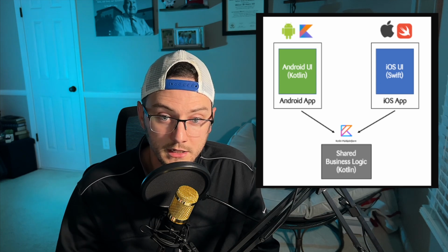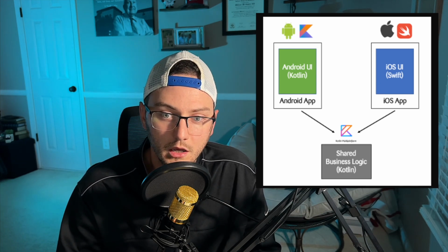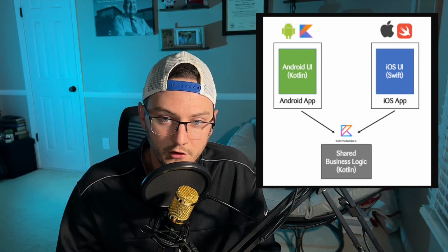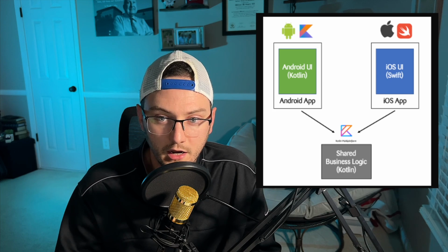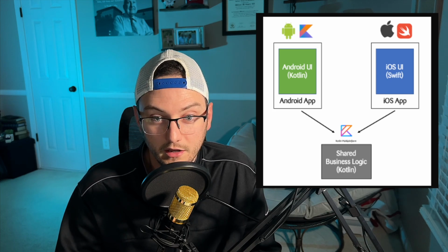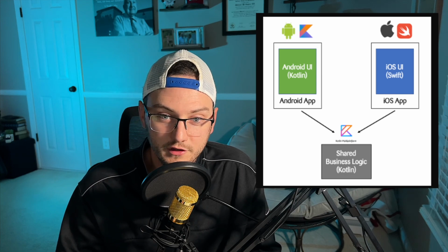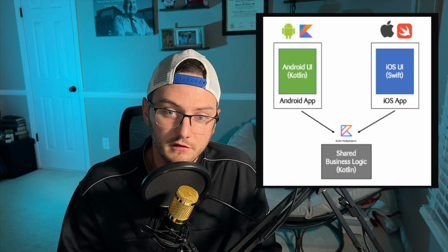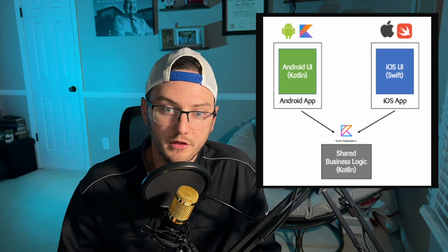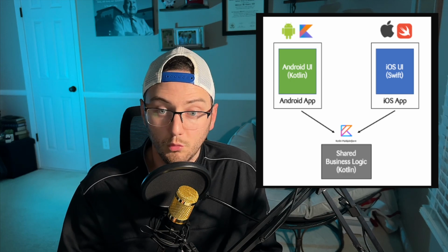And what does that mean? If you look at the two boxes above that, on the left you've got the Android UI Kotlin piece, and on the right you've got the iOS UI Swift and SwiftUI piece. What this is telling us is you have the shared business logic that can now be called by both Android code and iOS code within the same app.